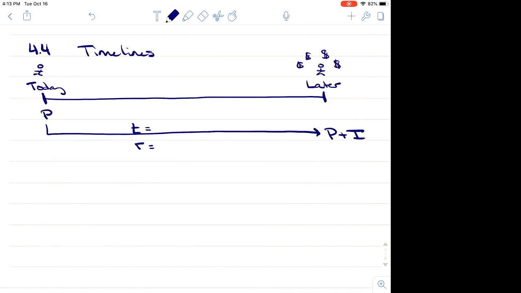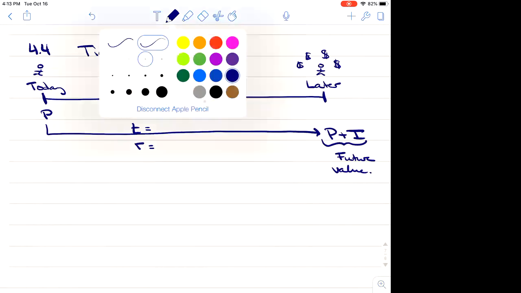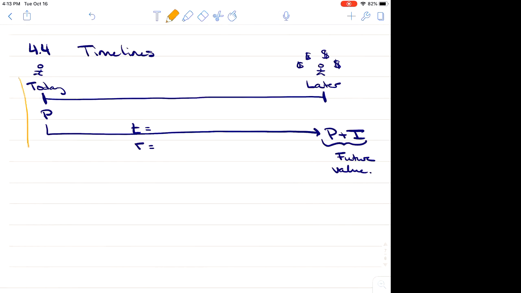So P plus I. We don't just write P plus I. You've probably heard of the future value. So the future value at a later date is the principal that you invested plus the amount of interest. Future value.